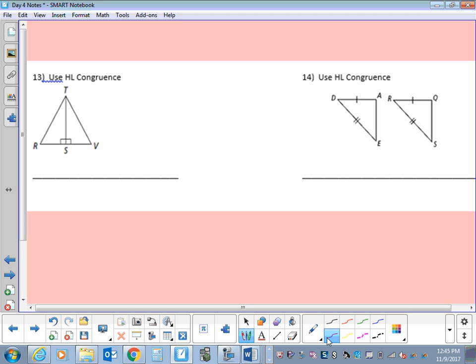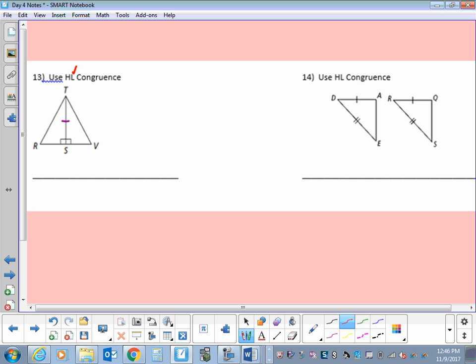Use hypotenuse leg congruence. I have a shared side there. So in order for hypotenuse leg, what do I need? I already have the leg, what else am I missing? What does the H stand for? Guys, anybody, wake up, hello.